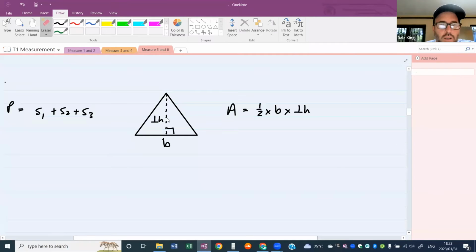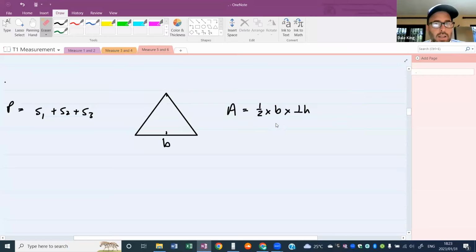In a normal triangle, I'm going to erase this for now, but we'll put it all back. Whoopsie, let's try again. So there's a normal triangle. We need the base of the triangle, which is this line here at the bottom where the B is. And then the perpendicular height must come off the base. That is critical. That is very, very important to understand.